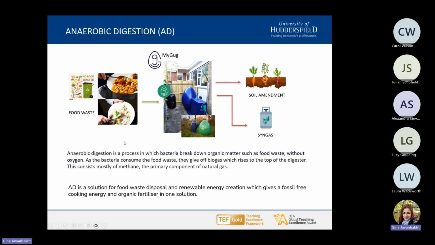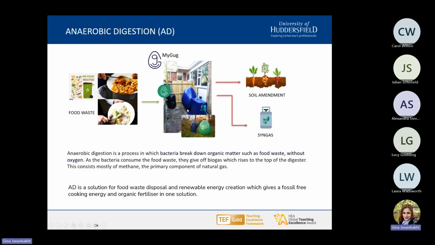Okay, let me move to my third process that you can produce biofuels. This is anaerobic digestion. Anaerobic digestion is a method that takes care of the waste, but mostly kitchen waste, and turns it into syngas and again some type of fertilizer.